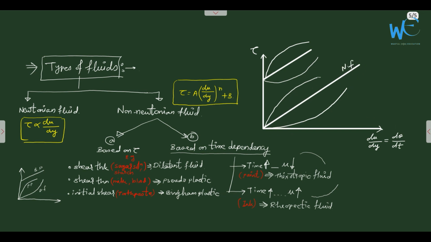Okay, those which follow Newton's law, which is already in front of you. But in reality, there is no such liquid which follows like this, and we also call it an ideal fluid, right?